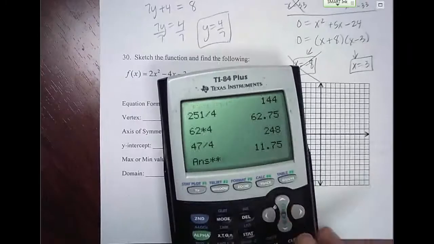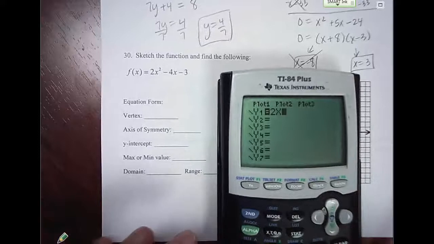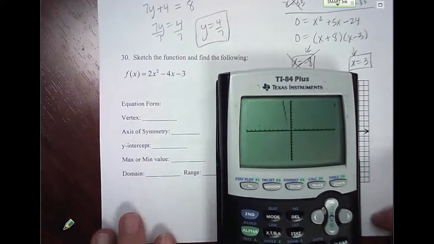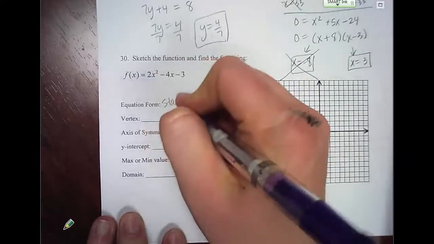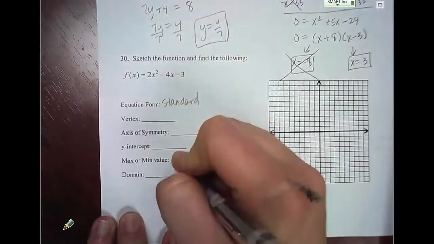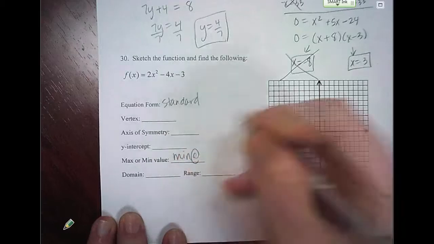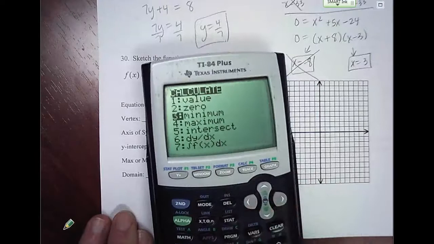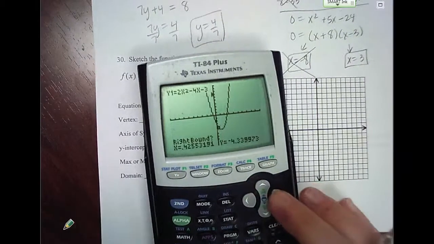Okay, number 30, we'll graph 2x squared minus 4x minus 3. So first thing, it's in standard form, and it has a minimum. So let's find the vertex. Second trace, number 3. So a little bit to the left. Oh, shoot.